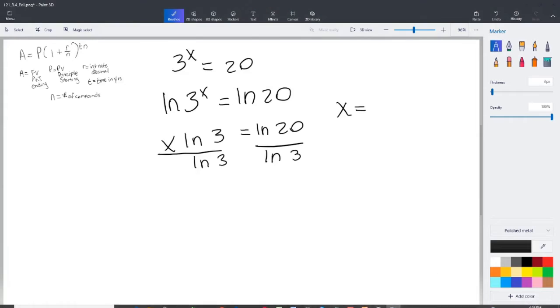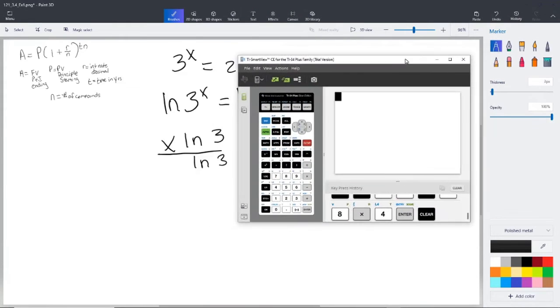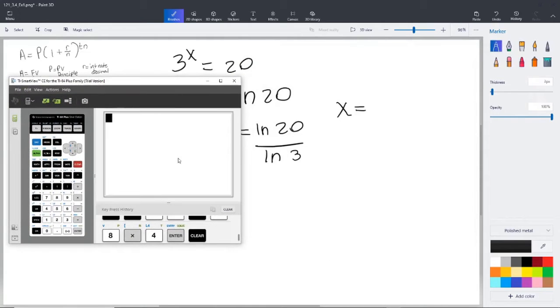So let's bring up our calculator here. Put it over here. In our case, we have the natural log first, and then we put in 20. We want to close the parenthesis before we do anything else. Then we want to hit the divided by symbol, and then we want to put in an ln again, and this time put in 3.